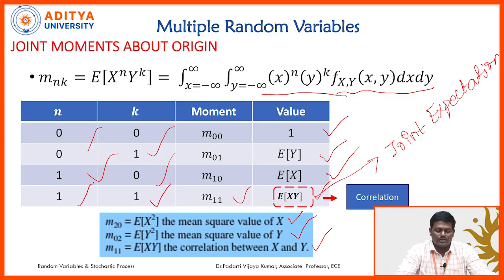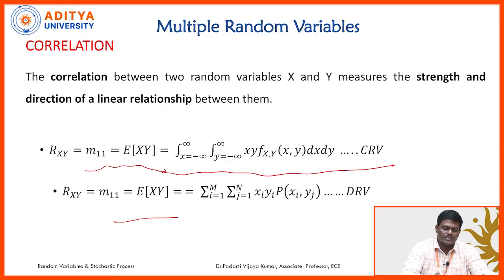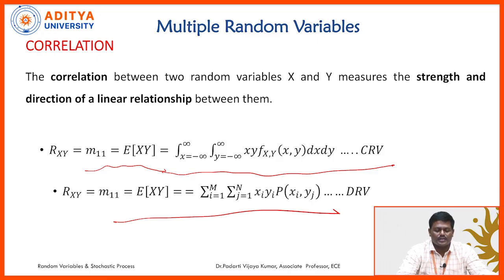And m 1 1, which we have already seen, is correlation, a very important factor. So the correlation m 1 1 is equal to expectation of xy. This is for continuous random variable, and this is for discrete random variable. It measures the similarity or strength or direct relationship between two random variables.